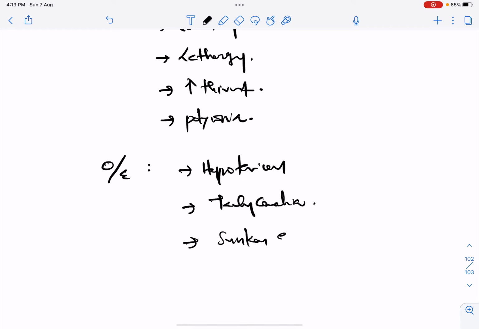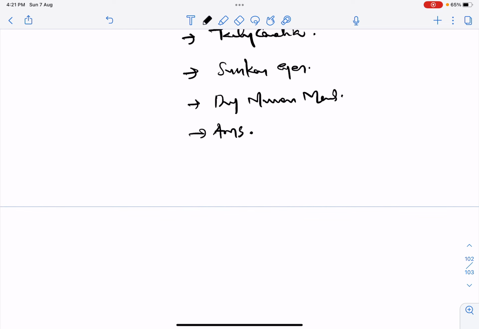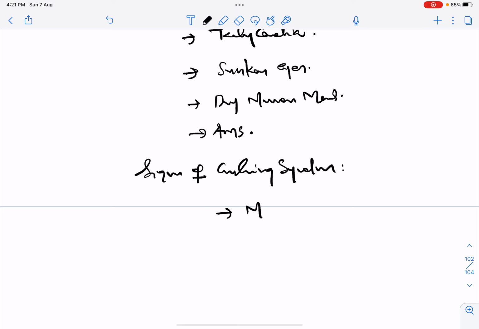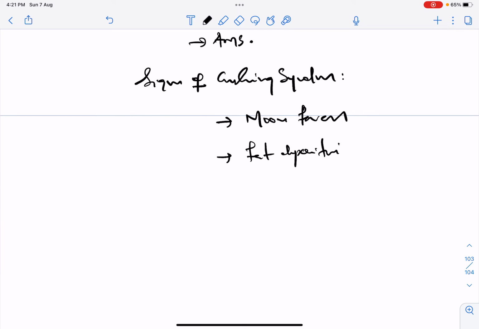Also dry mucous membranes, altered mental status, and one should also look for the signs of Cushing syndrome, like moon facies, fat deposition in the upper back, and thinning of skin.